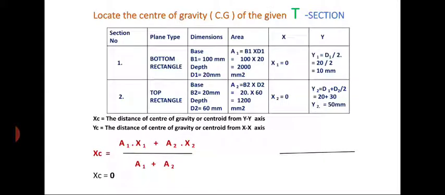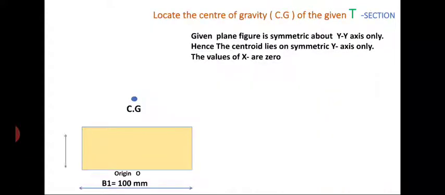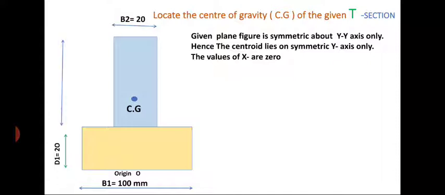Here same formula, xc equal to 0 and yc equal to 25 mm. So the final position is the same, there is no change in position. The main difference is the reference y-axis.